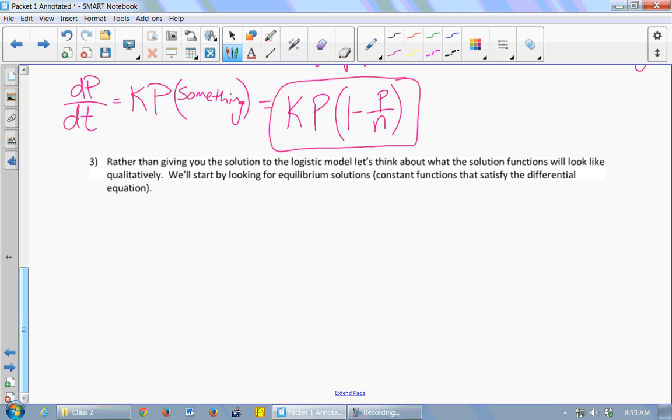Okay. So if I want a constant solution, I need dp dt to be 0. Right? I need the rate of change of the population size to be 0. So I'm going to set k times p times 1 minus p over n equal to 0.